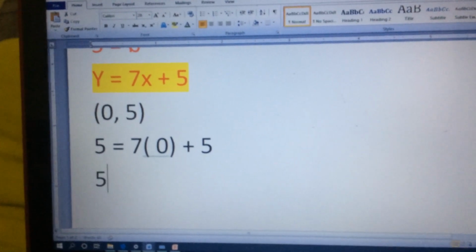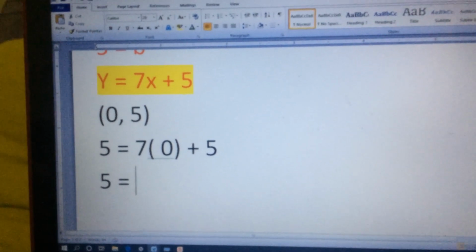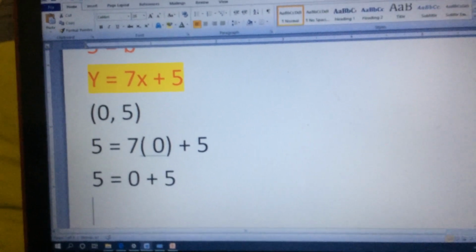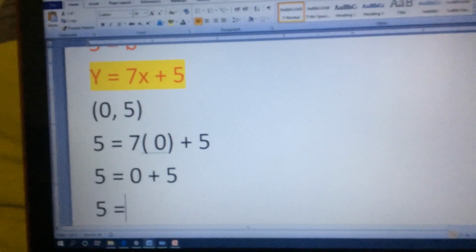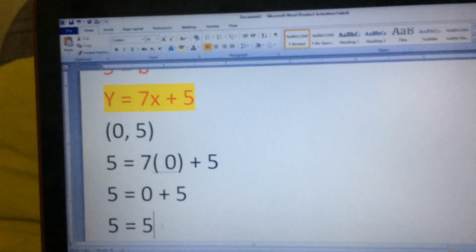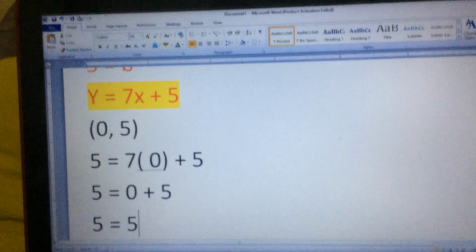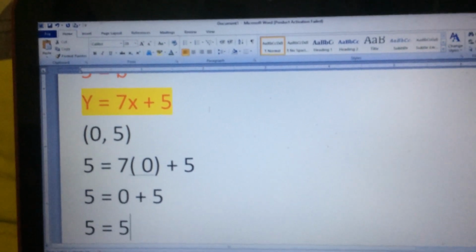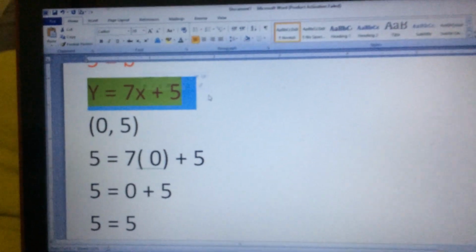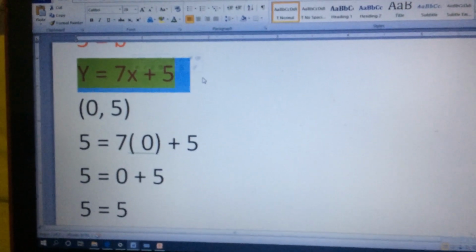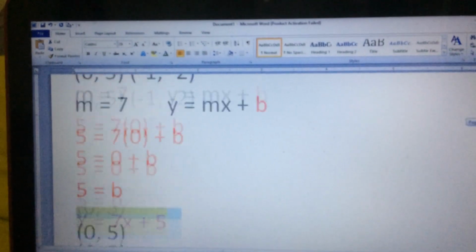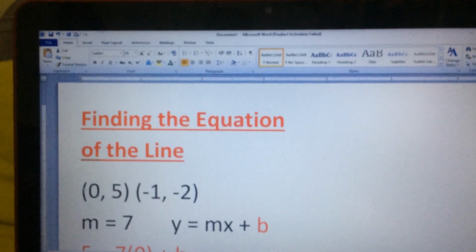So 5 equals 7 times 0 is 0 plus 5. So therefore 5 equals 5. Again, it satisfies the equation. So the answer to the problem is y equals 7x plus 5. So this is our equation of the line that passes through these two points.